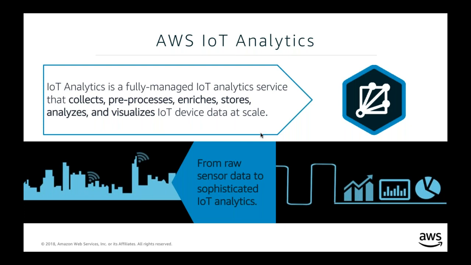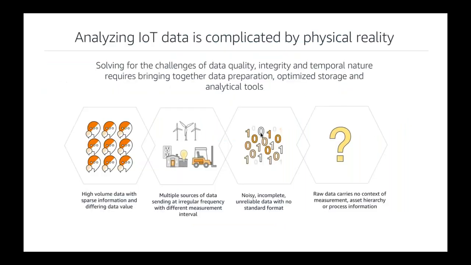It helps you store; we'll look into these components in a bit more detail. It's an IoT-optimized data store, all part of the same managed service. And then you can build your analytical use cases on top, with integration with services like QuickSight when you want to visualize this data, or even SageMaker, which is our machine learning service. Again, we'll go into more depth on that as well.